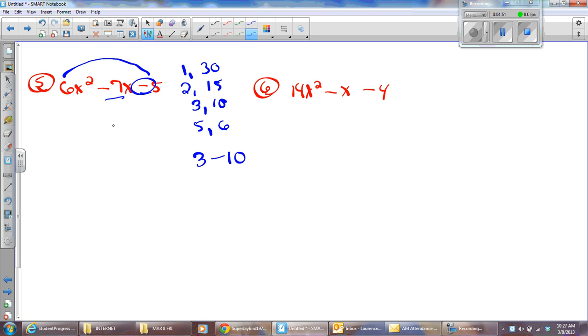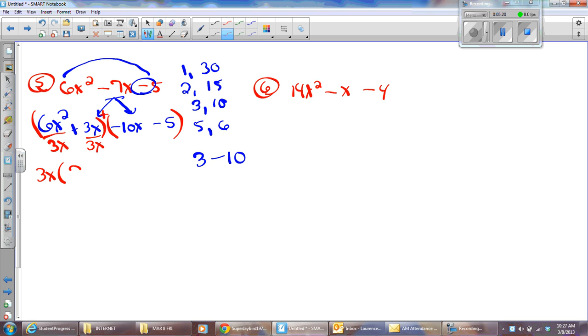There we go. So I'm going to rewrite this problem as 6x squared, and then I'm going to break this down, plus 3x minus 10x minus 5. So I'm going to group, and I'm going to look for a GCF. Looks like it's going to be a 3x and a 3x. 3x will be out front, and there will be a 2x plus a 1.